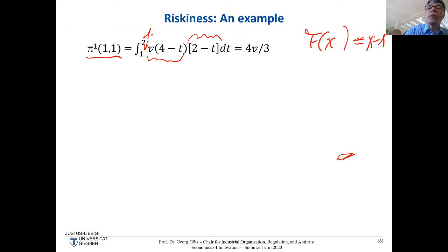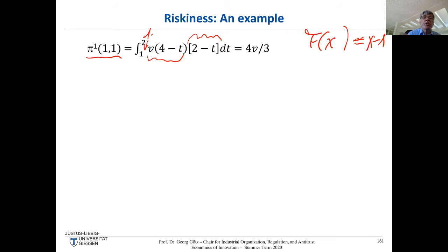Okay, so now the probability that someone with this distribution function has made an innovation by, say, time 1.5 is just 0.5. By time 2 it's 1, by time 1 it's 0.